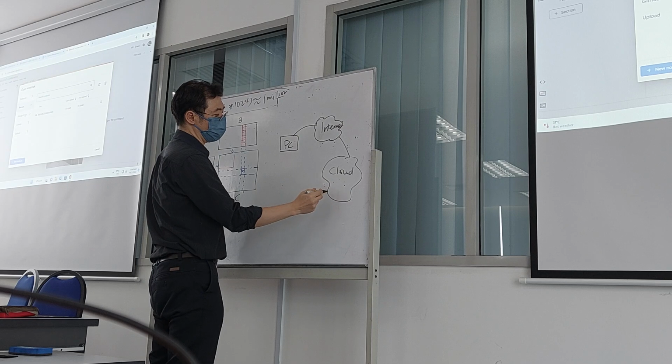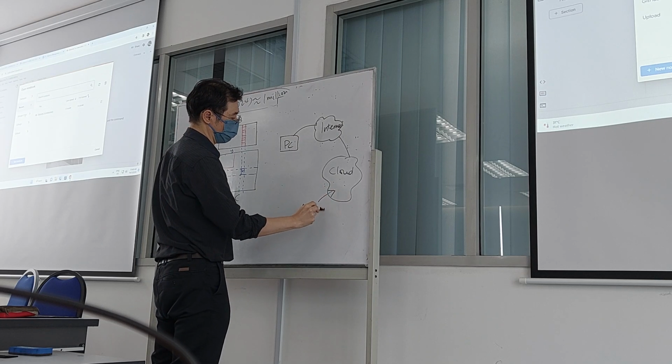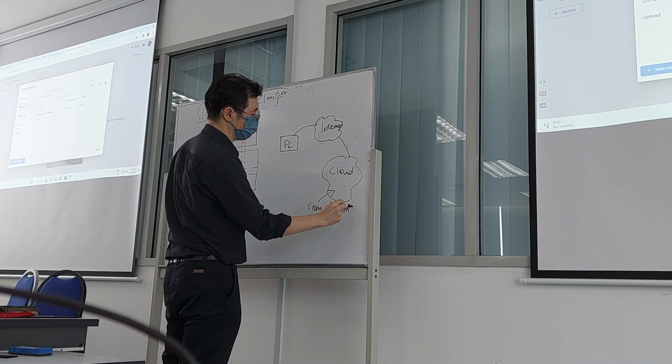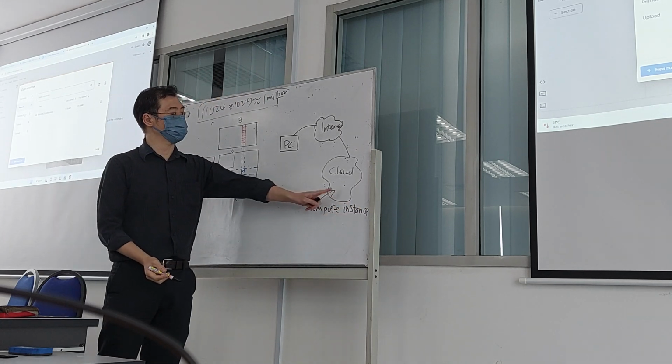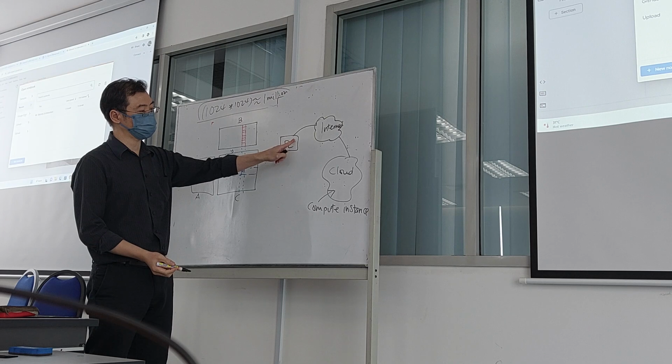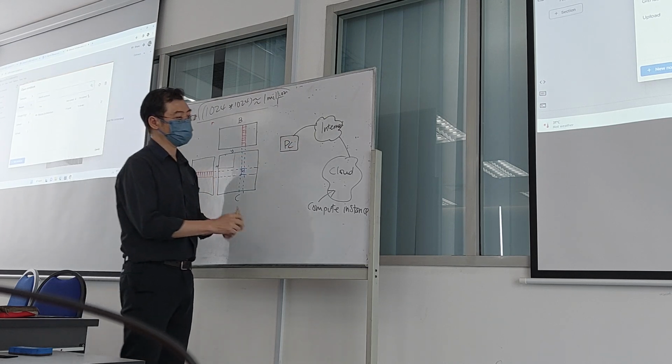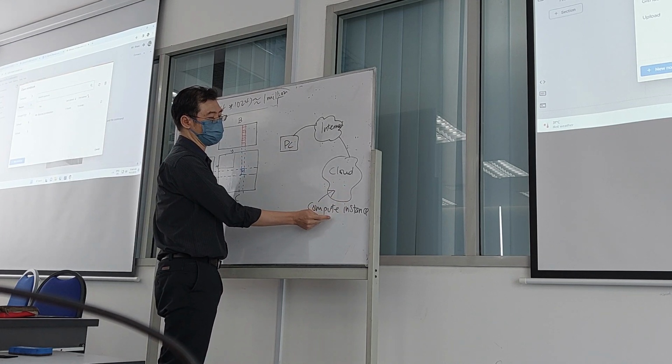Basically, you're opening up a compute instance. Your compute instance is just like a PC. It's a remote PC, but you can view it through your PC. Whatever computation is done, it is done on the compute instance.